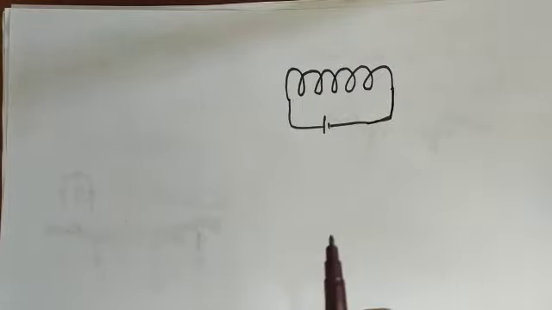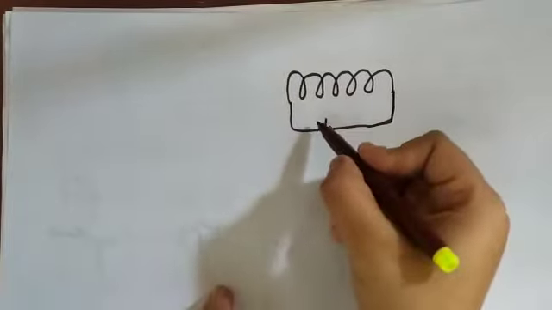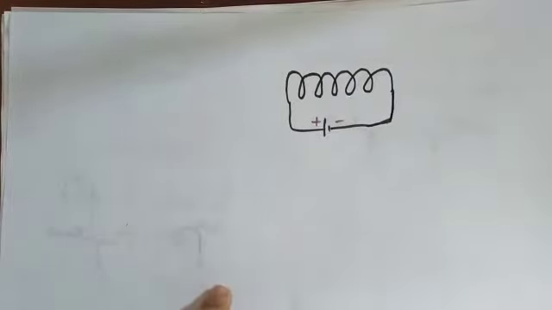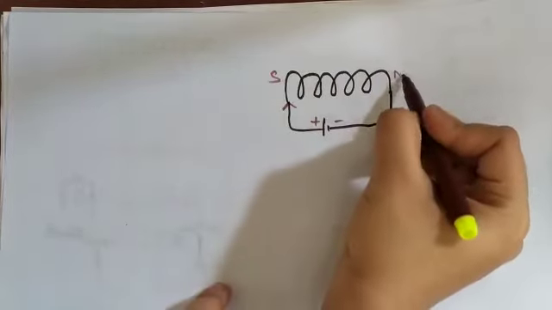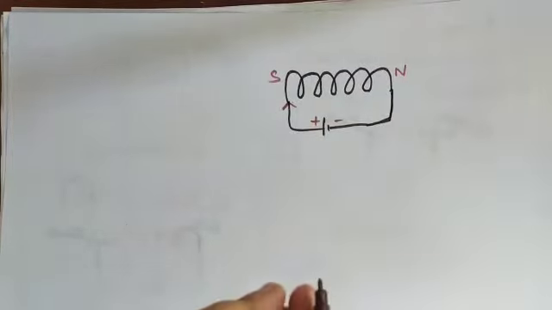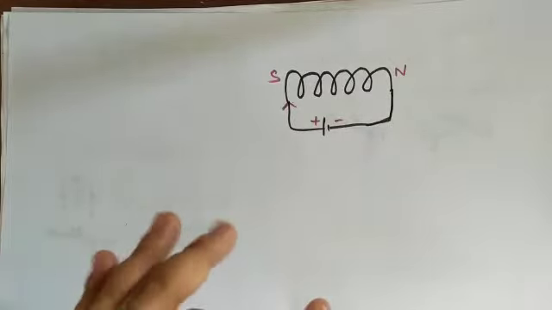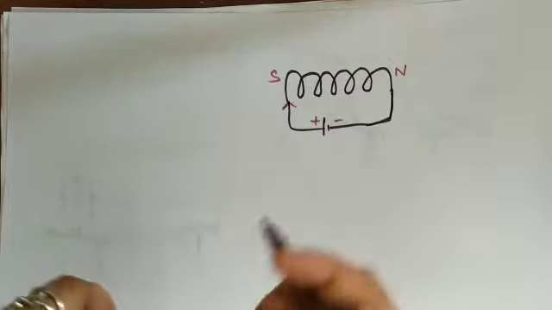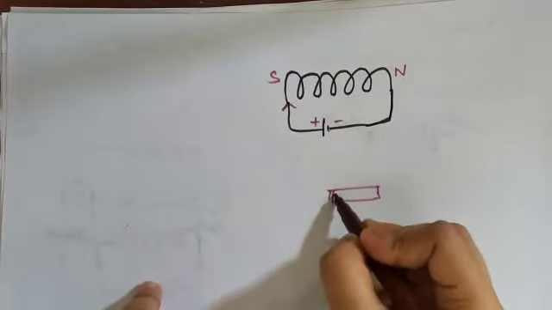Here the solenoid is acting like a bar magnet, remember. Here I have said this is the positive and this is the negative direction. Here the current is flowing, and this is the south direction and this is the north direction, as we have discussed. Remember, this solenoid actually acts like a bar magnet. So let us revise what we know about the bar magnet.